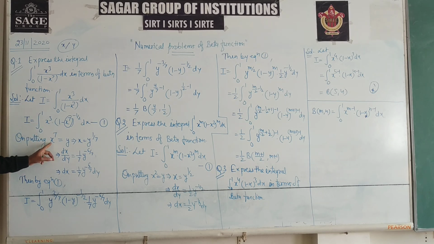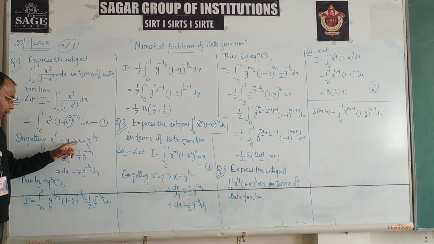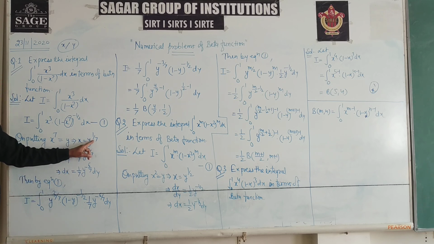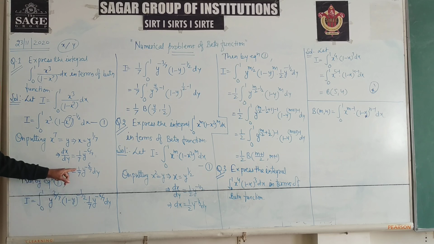Let, on putting, x to the power 7 equal to y, which implies x equals y to the power 1 upon 7. Then dx upon dy, on differentiation with respect to y, is 1 upon 7 y to the power 1 upon 7 minus 1, which is minus 6 upon 7. Therefore dx equals this, by cross multiplication.